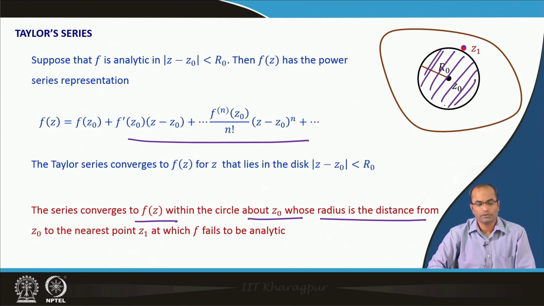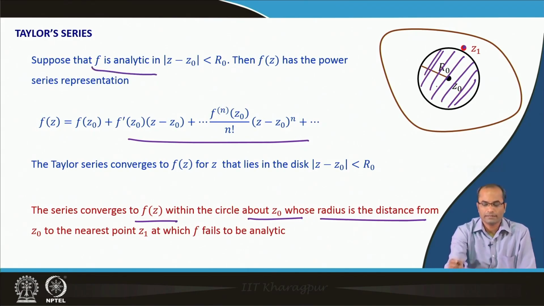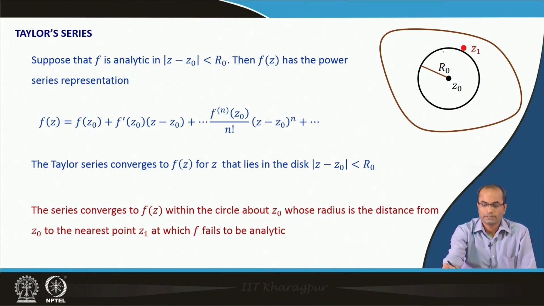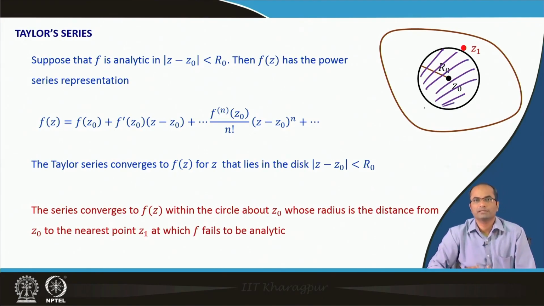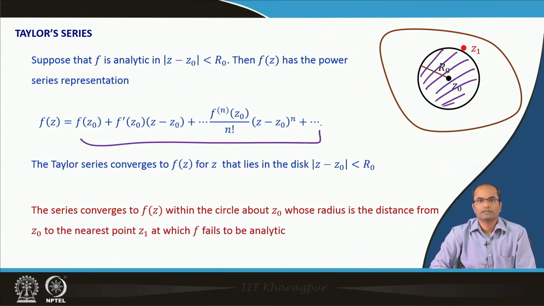The most important thing to note is that f(z) is analytic in the whole disk of radius r0, and then we can represent f(z) by such a series, which is called the Taylor series representation. The maximum radius where this series will converge to f(z) can be obtained by extending this radius until we meet the point where f(z) fails to be analytic.